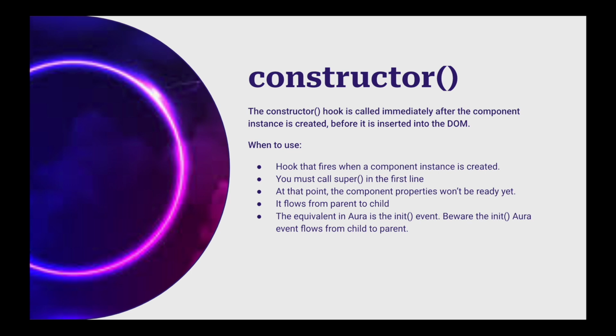So no properties will have any value assigned or be declared properly. Then, in terms of flow, it flows from parent to child. That is, it will be called first on the parent component and then on the child component.